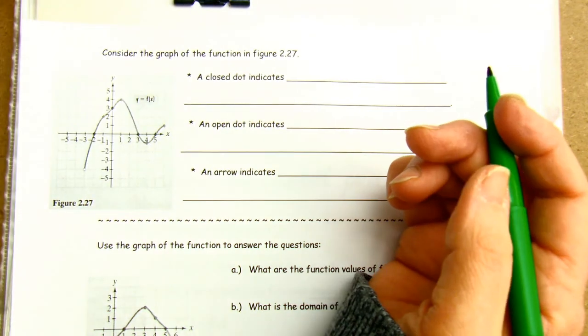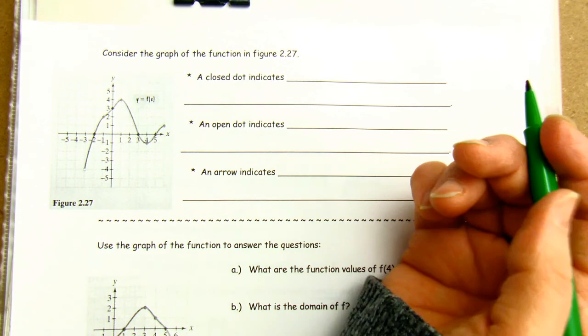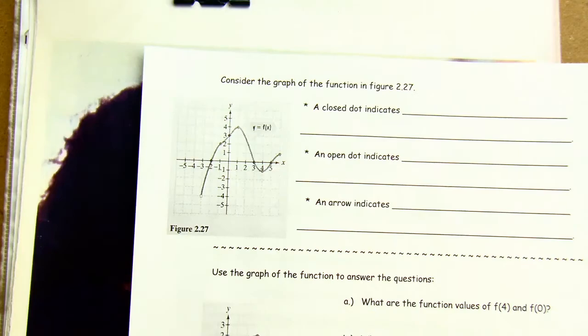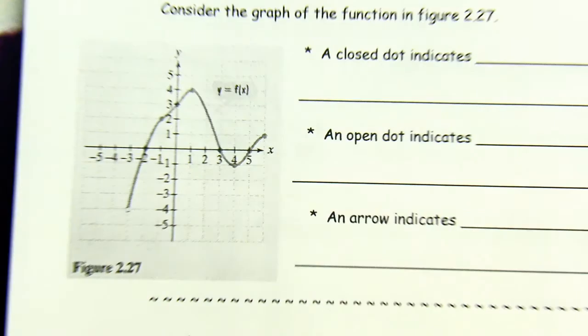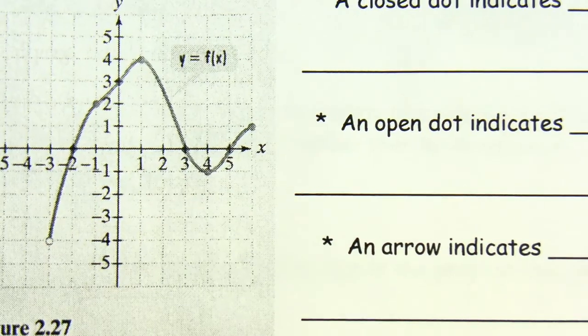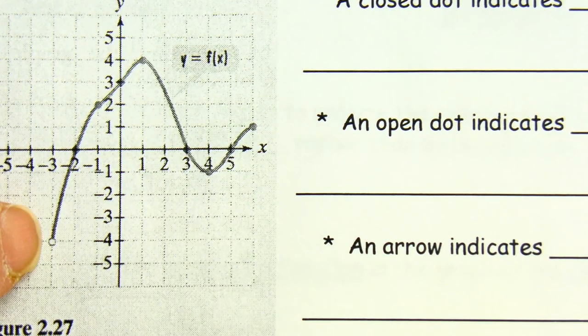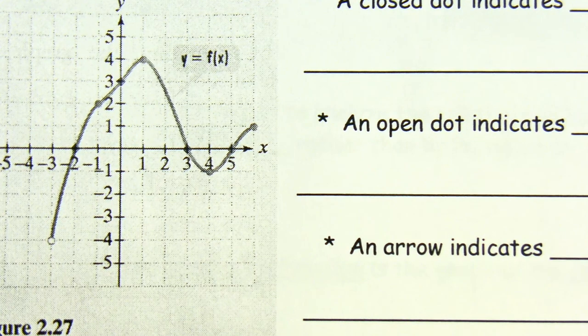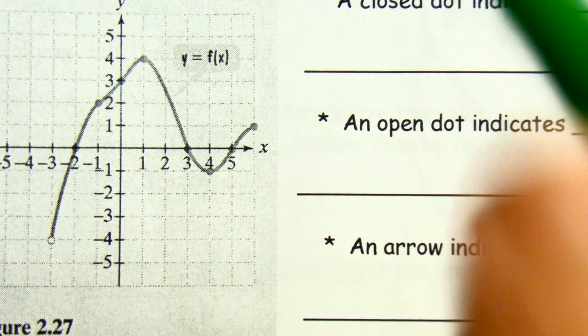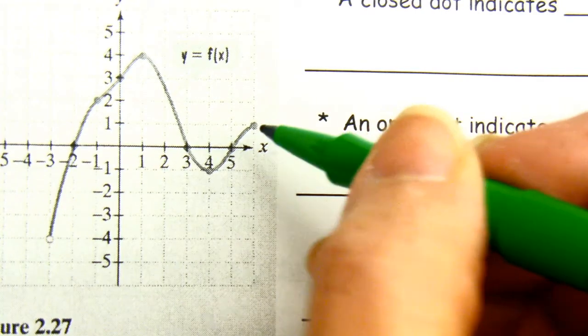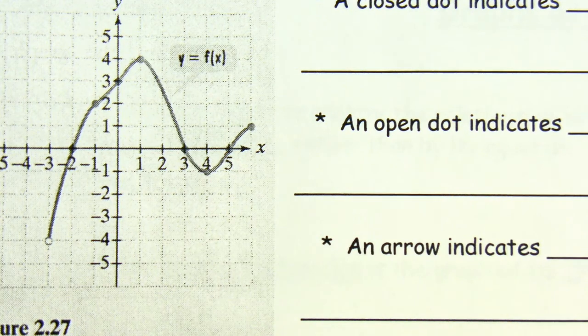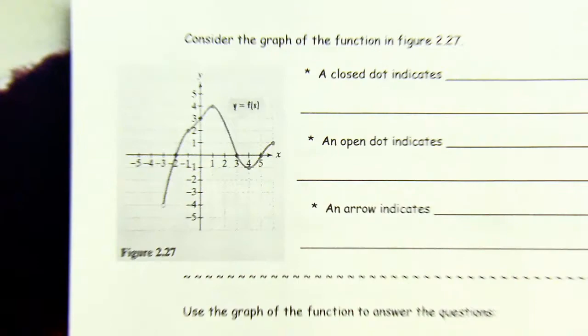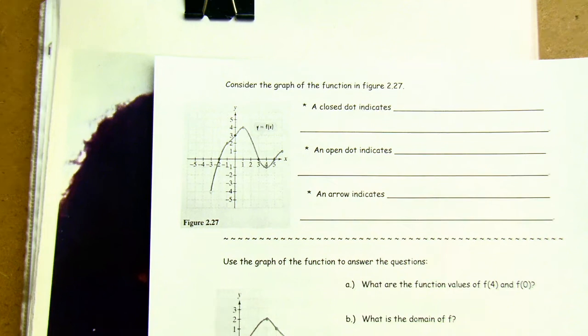If I look at this, and I can zoom in for you if you like, I do see right here that I have an open dot, and I do see right here that I have a closed dot. I do not see any arrows, at least not at this point.